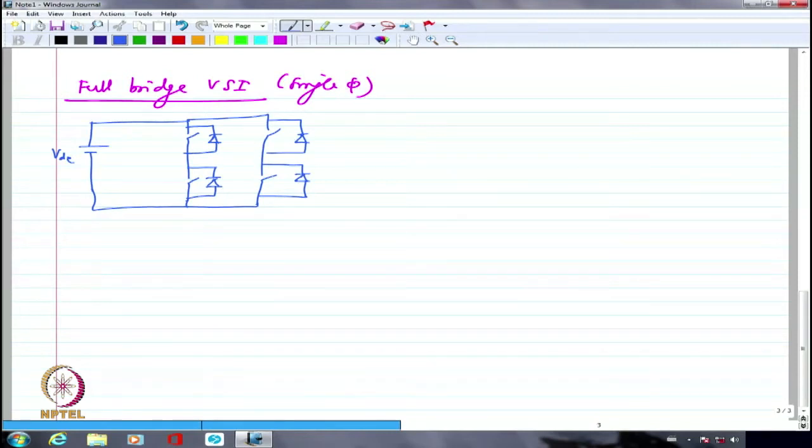Unless they act very quickly, it's going to be difficult, especially if I'm using PWM. So that's the reason why we normally use fast recovery diodes. So the load is going to be connected here. So I can name these as S1, S3, S2 and S4.